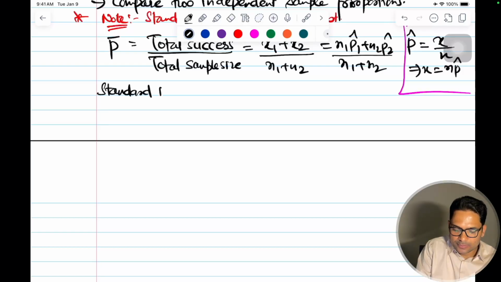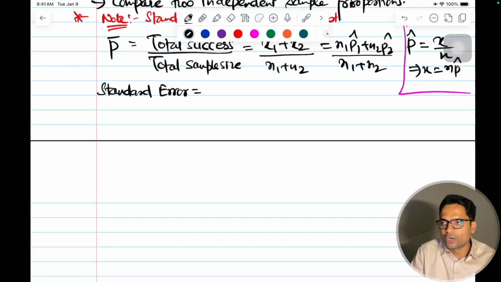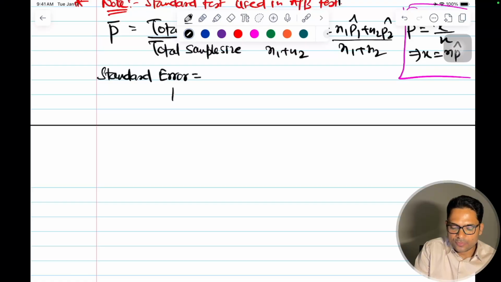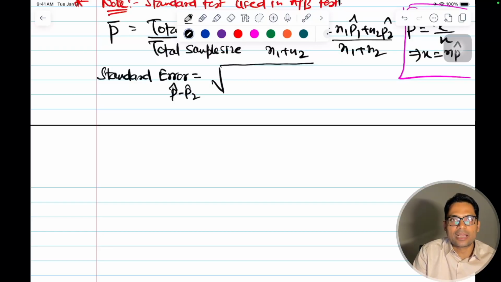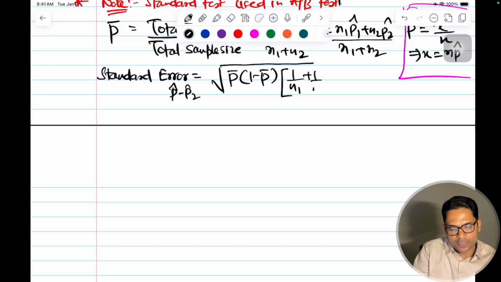Standard error term in the denominator. So this is the standard error for p1 and p2 for both the samples. This will be equal to the square root of, and that's why this average p bar is used, p bar into 1 minus p bar, and then into 1 by n1 plus 1 by n2.